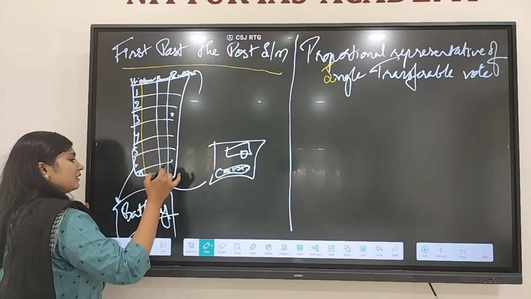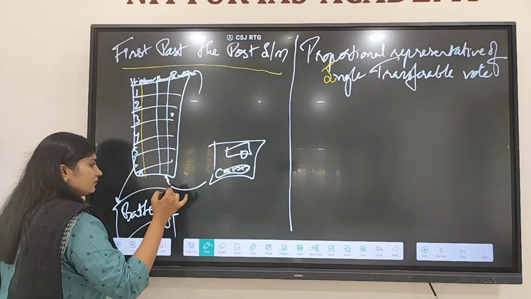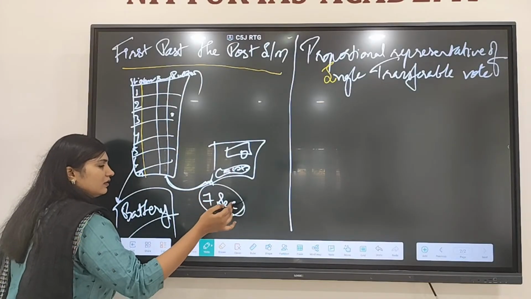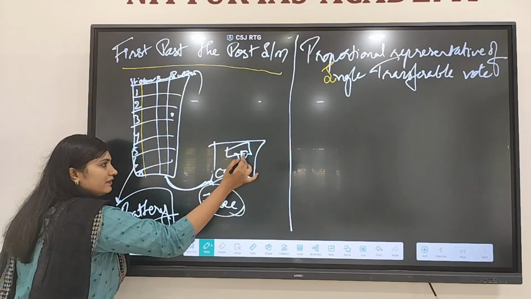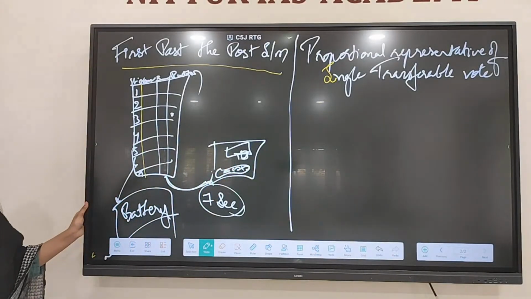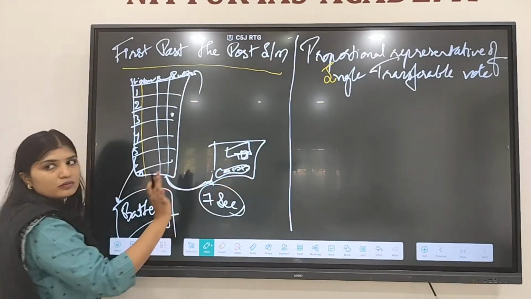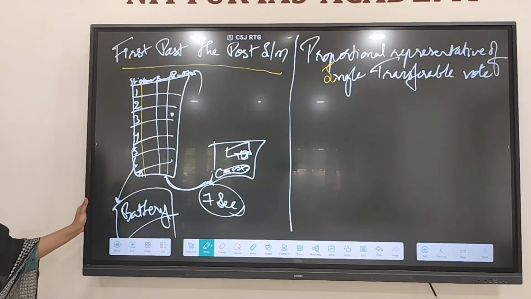Once they click the button, for 7 seconds it will show for whom you have voted. That slip will get cut and it will be stored below. This is the VVPAT.